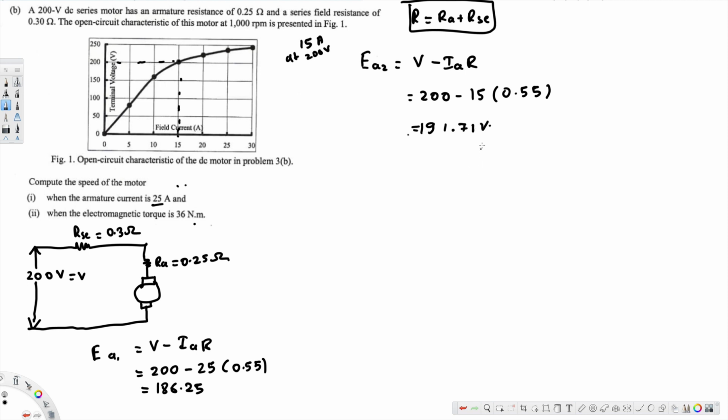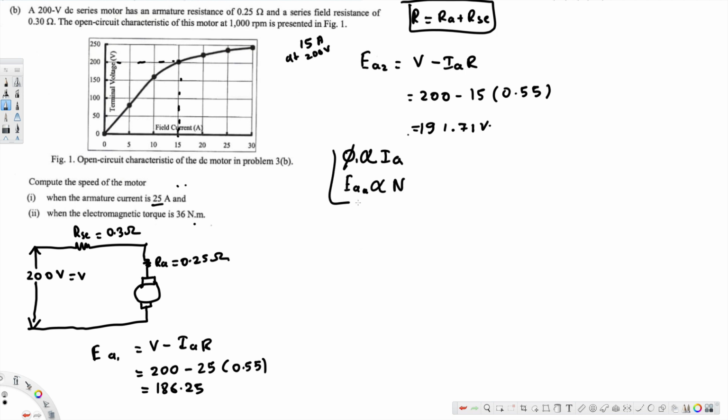And here, usually we can use magnetic flux phi, which is directly proportional to N1. But here we are dealing with currents, so this is directly proportional to IA, so it will replace phi. Also we have to know one more thing: EA is directly proportional to N, the speed.